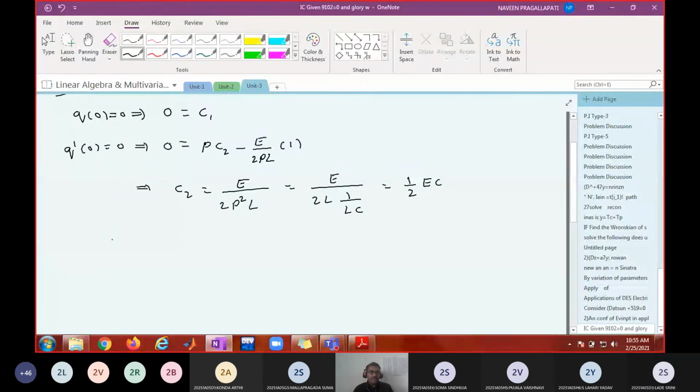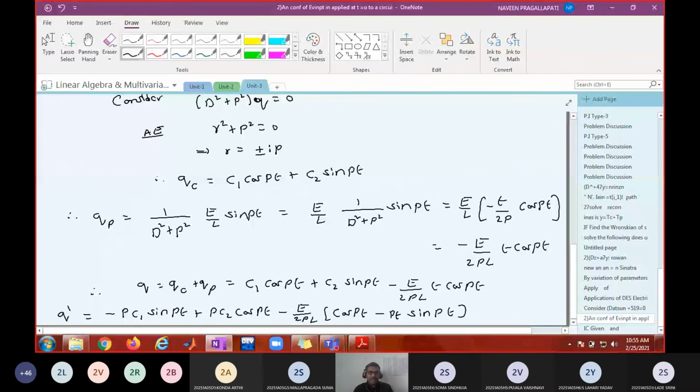Yes. Therefore, what is Q? You are asked to find out Q dash. Let me write Q also. Q is C1 is 0, C2 is this one.